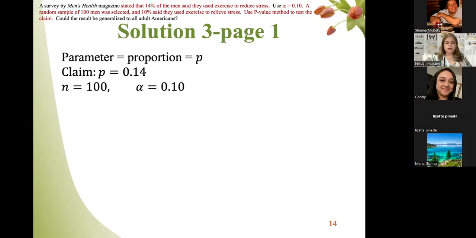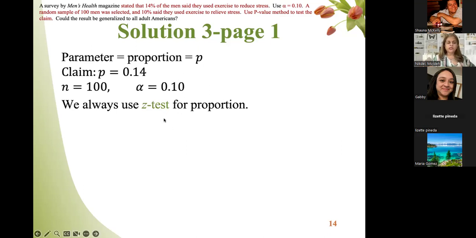Make sure you understand why it's 14% and not the other percentage. The 10%, since it is in the sentence regarding the sample, would be your p-hat. Anything in the sentence regarding the sample size is going to be a sample measure. In this case, the sample proportion is p-hat.